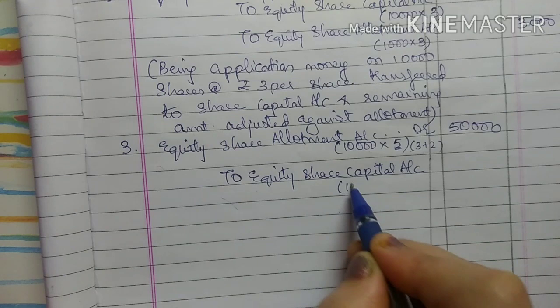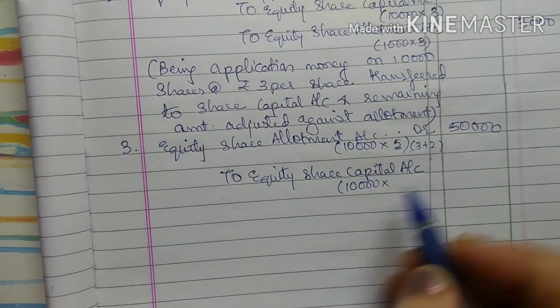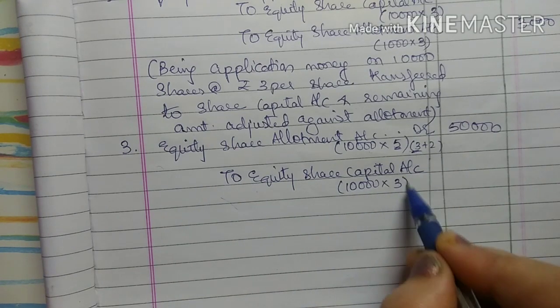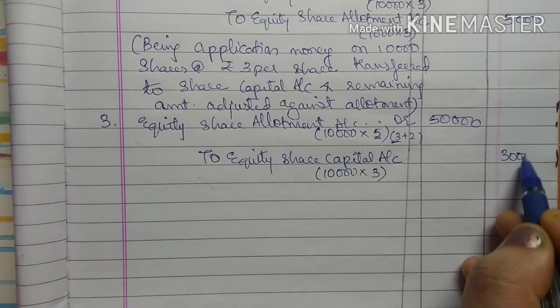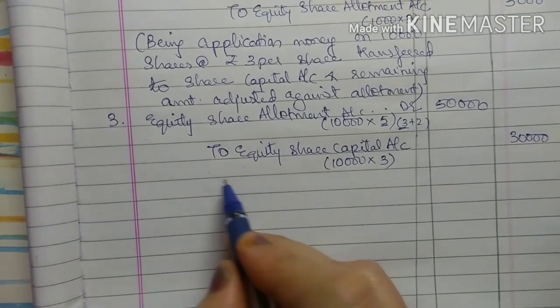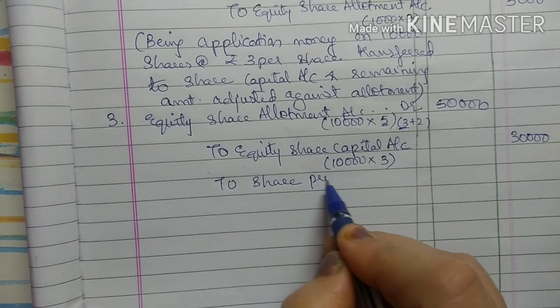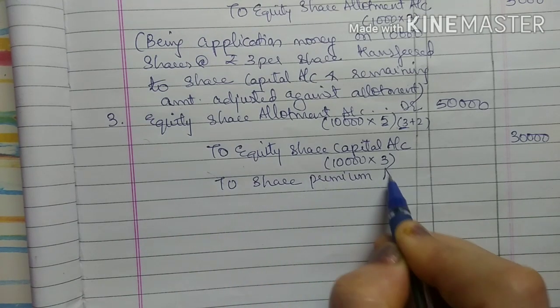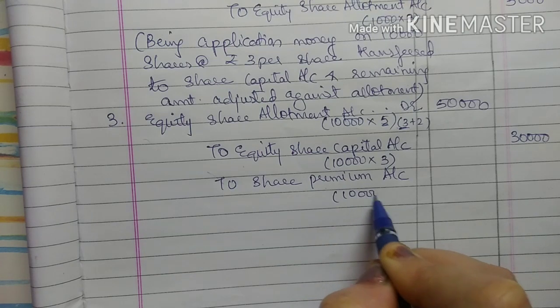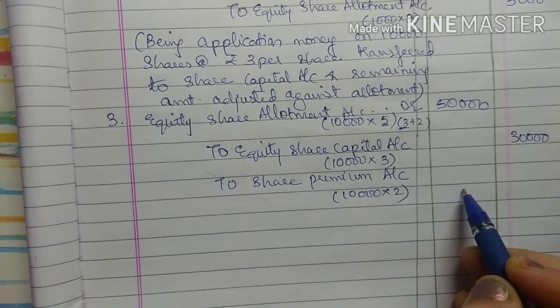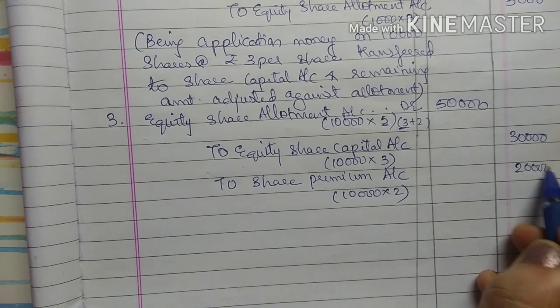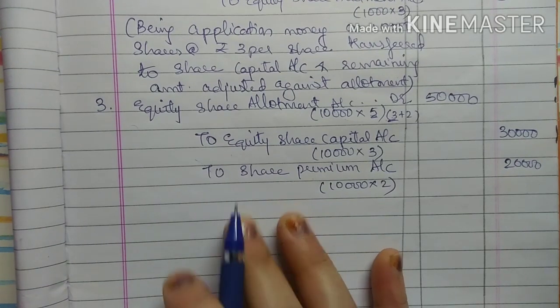Now कैपिटल अकाउंट में प्रीमियम ट्रांसफ़र नहीं होगा. अलॉटमेंट में हमने कितना मांगा है? 3. So only 30,000 will be transferred to capital account and the rest at 2 rupees, that is share premium account. So 10,000 into 2 is what? Share premium. So 20,000 will be transferred to the premium account.